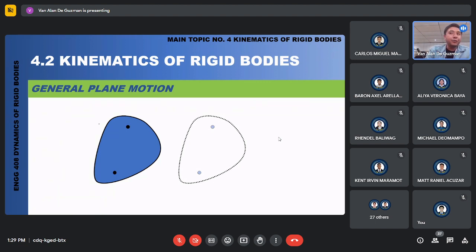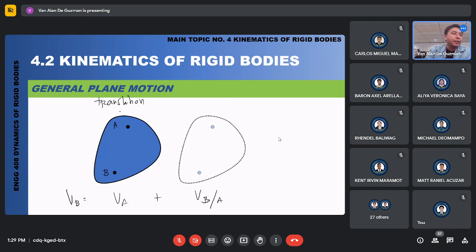Ano yung sinabi natin? We have V sub B is equal to V sub A plus V B relative to A. Ito lang yung tatandaan niyo mga points na importante. Una, point A, point B. Una natin na component, translation.